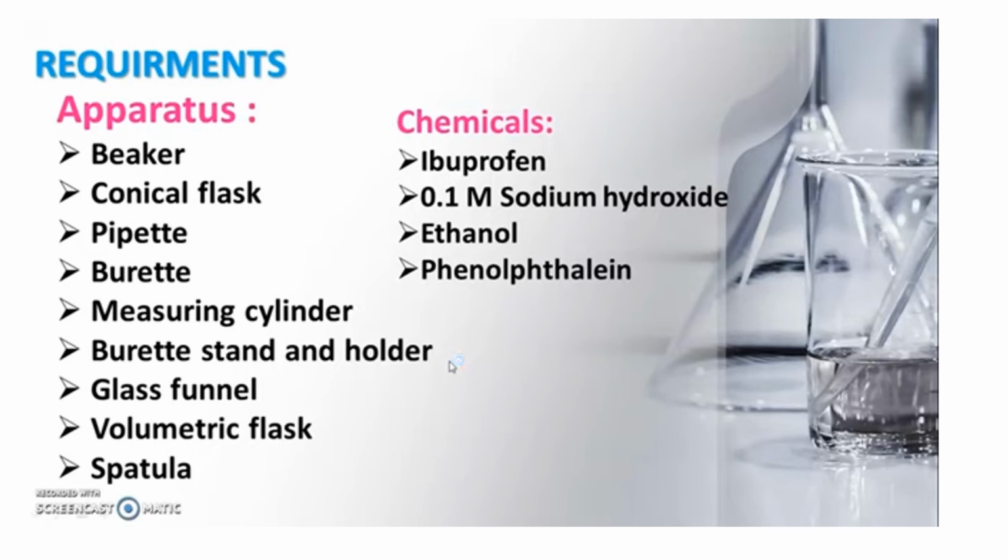A conical flask of medium size, especially 250 or 200 ml, is very important. Pipettes, whether Pasteur pipette or different types of pipette, any pipette can be used for sucking the different chemicals from the containers.